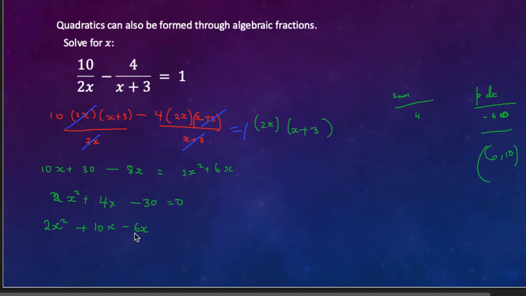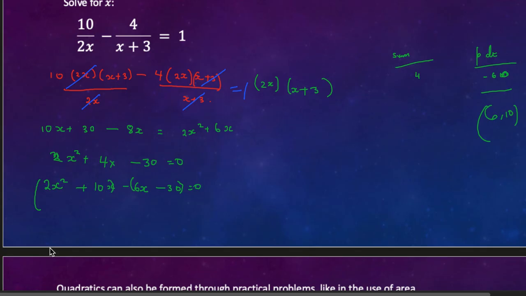So 10x minus 6x, we get 4x, and then minus 30 equals 0. And we split up these parts like this. And then we find the common factors. The first common one is 2x, you can see that.